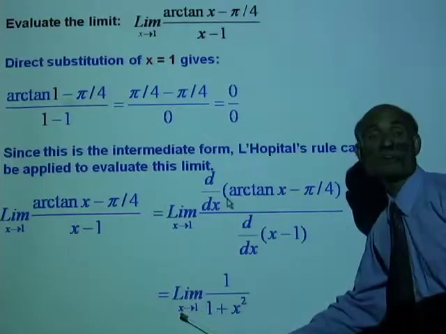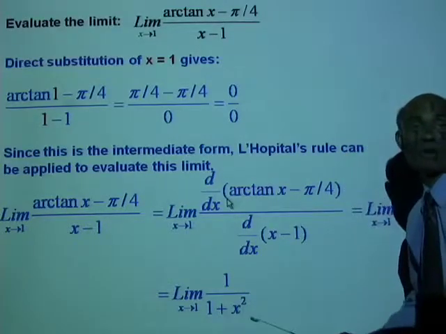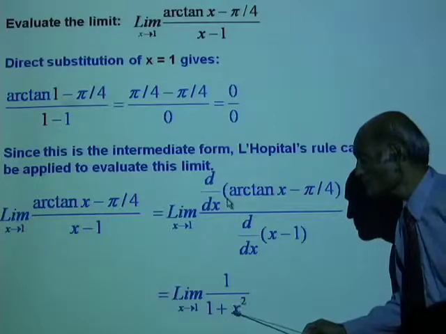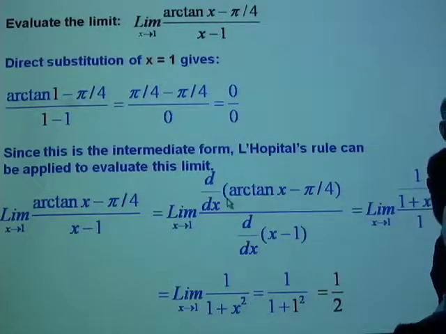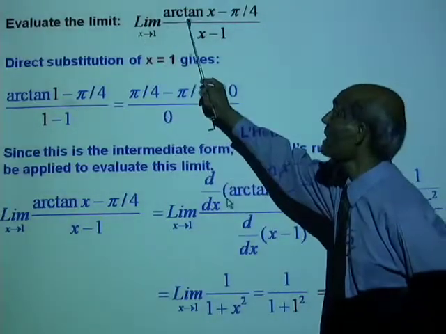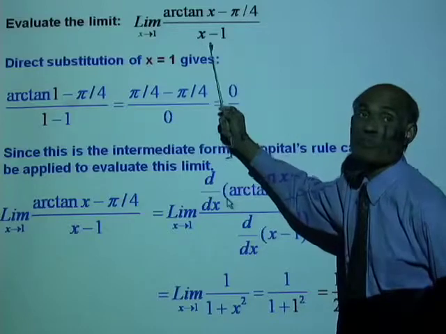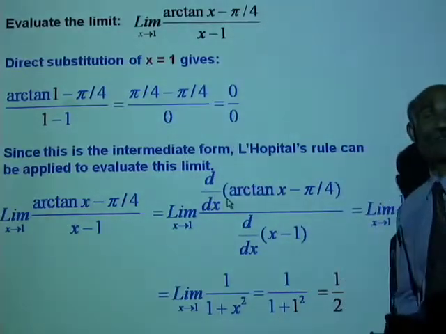So that would be limit x approaches 1 of 1 over 1 plus x squared, and when x becomes 1, the value of this is 1/2. Therefore, limit x approaches 1 of arctan x minus pi by 4 divided by x minus 1 is 1/2.